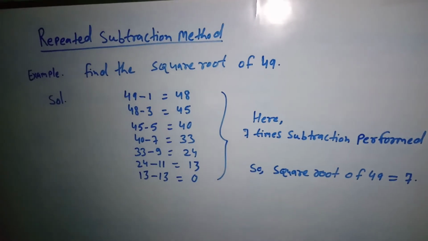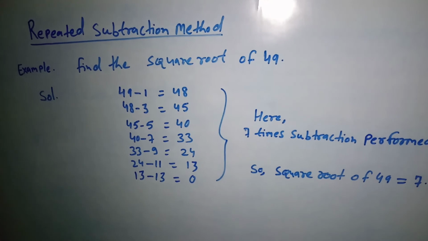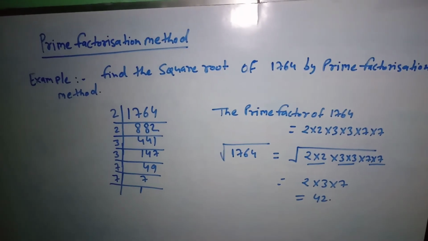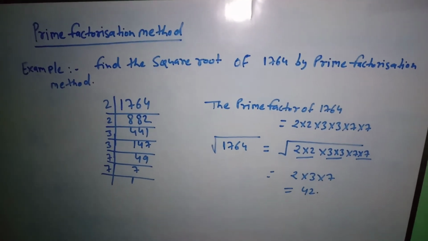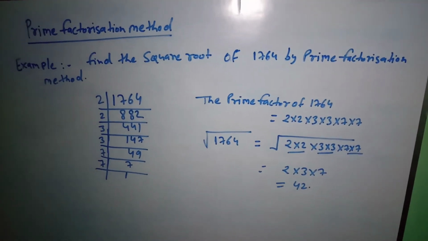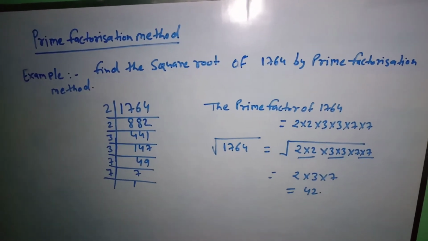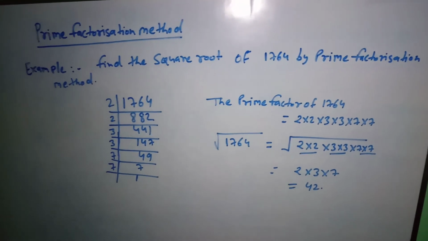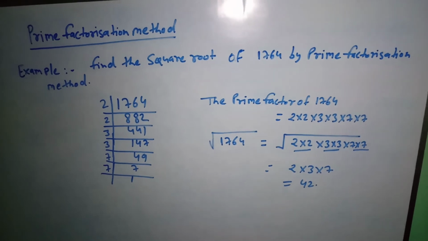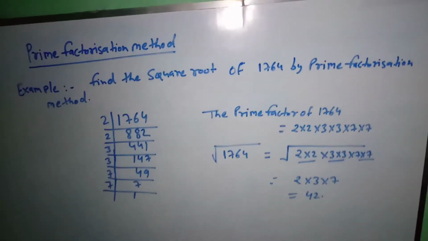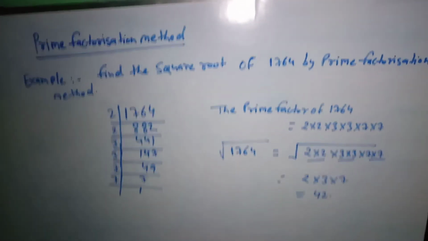The next method is the prime factorization method. In the prime factorization method, we split the given number into prime factors. Understood? Let us see the example. Find the square root of 1764 by the prime factorization method.